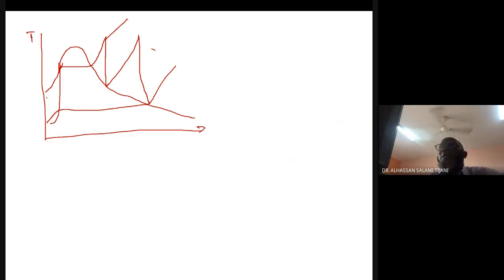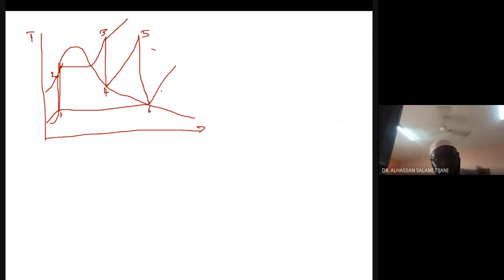So the fluid is pumped by the pump from state 1 up to state 2. And then we have states 3, 4, 5, and 6.